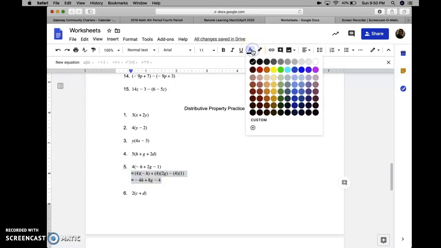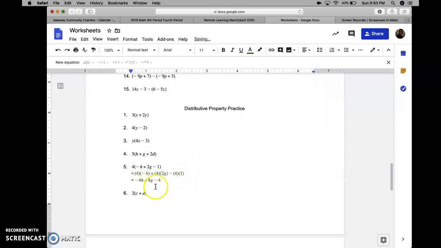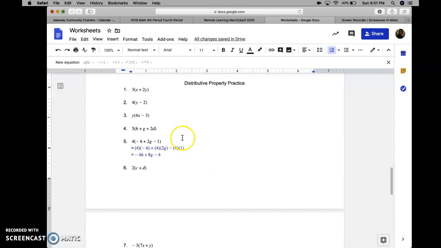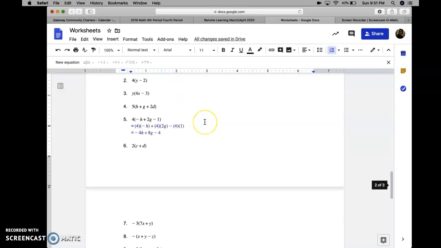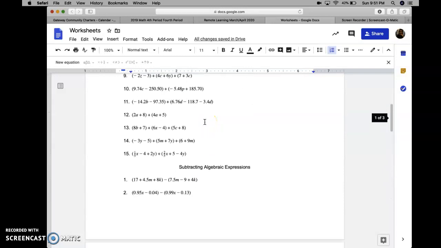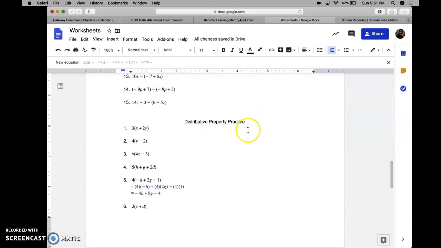Highlight, go to text color, color it green. I think I did blue on the other one, so let me change it. Okay, and you're going to do that for all of them, 1 through 15, for distributive property practice.